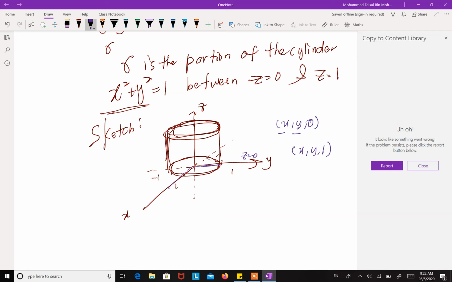So to find the surface, you cannot look in the xy plane, because it is constant and you cannot find the area there. But you can look in the yz plane or the xz plane, where you can find a rectangle.